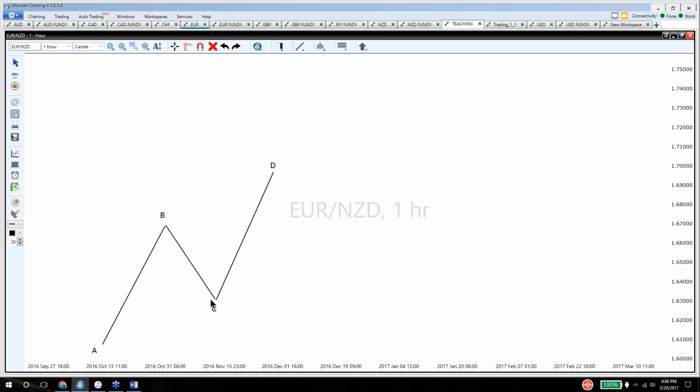Once you find C, you get in, get out at D. When that full cycle, A, B, C, D, is completed, C is going to become a brand new A, and D is going to become a brand new B. And the cycle simply starts again, because based on that new AB boundary, you're going to look to identify your new C.